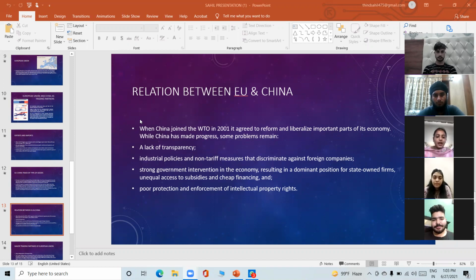First is a lack of transparency, and second is industrial policies and non-tariff measures that discriminate against foreign companies. Third is strong government intervention in the economy, resulting in a dominant position for state-owned enterprises, unequal access to subsidies and cheap financing. And fourth is poor protection and enforcement of intellectual property rights.